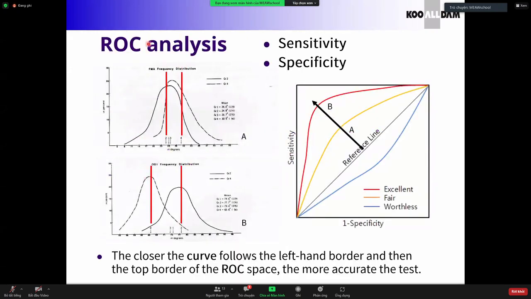ROC analysis consists of sensitivity and specificity. Looking at A and B, which measurement is more accurate? B is more accurate. Compared to A, the closer the curve follows the left-hand border and then the top border of the ROC space, the more accurate the test. So B is more accurate than A.